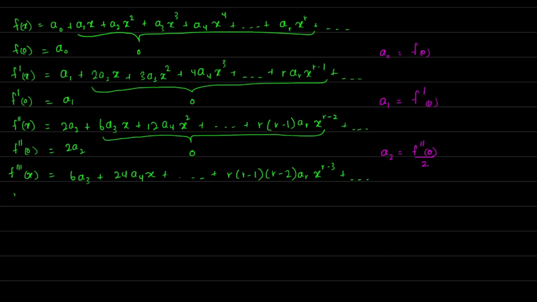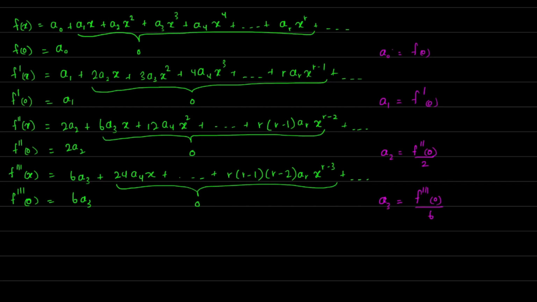And if you set x to 0 in this case, f'''(0) is equal to, once again this section containing x terms becomes equal to 0, and we are left with 6 a3, and therefore a3 is equal to f'''(0) divided by 6.